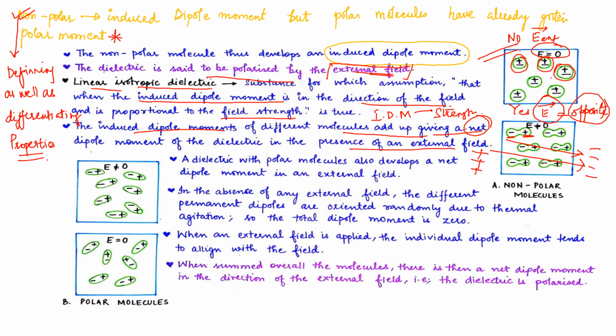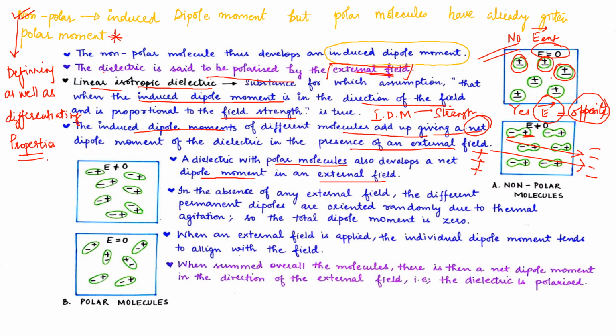So every molecule will have an induced dipole moment. Each and every molecule's induced dipole moment will add up to give us the total dipole moment of our dielectric substance, which gives more strength of dielectric polarization. A dielectric with polar molecules also develops a net dipole moment in the external field, but that is quite different phenomenologically.